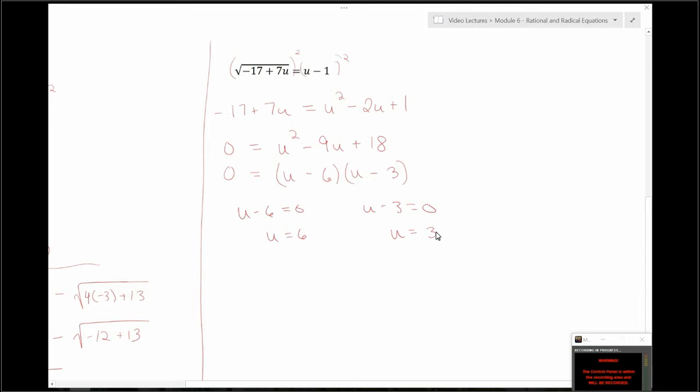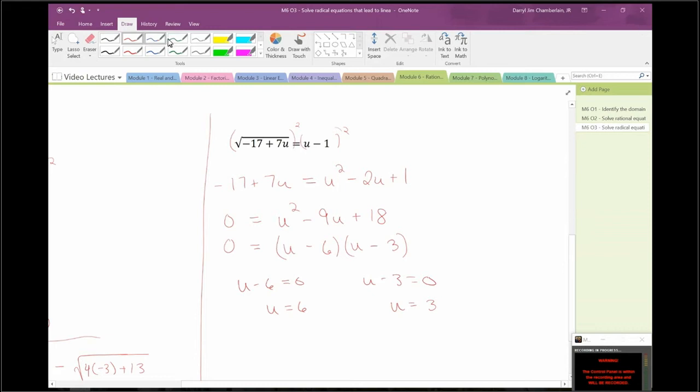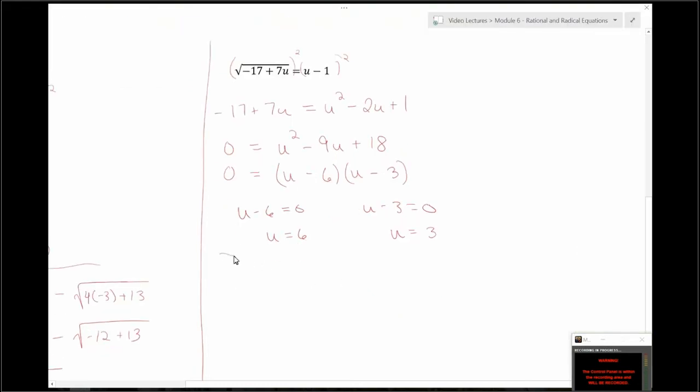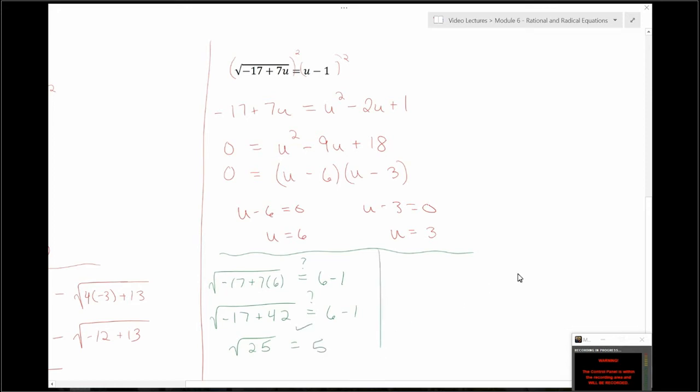And then again, I need to plug these in because I don't know what my domain is at this point. I haven't solved for it. So if I plug in 6, all right, and that would be the square root of 25. And yeah, looks like 6 works. Now we plug in 3.